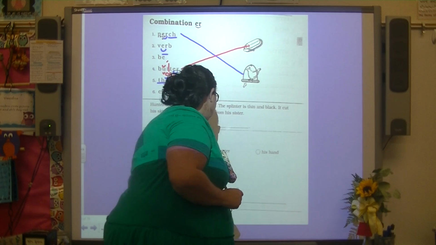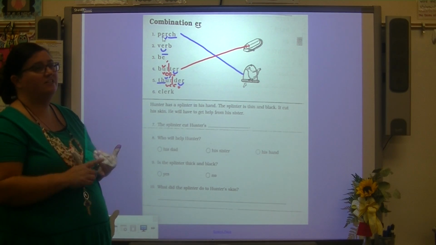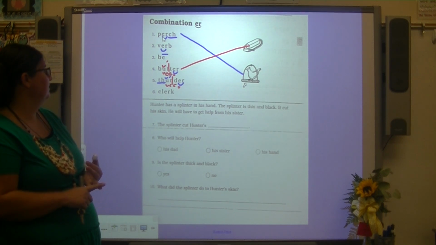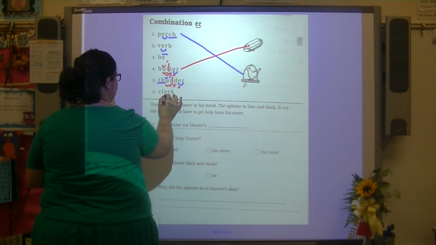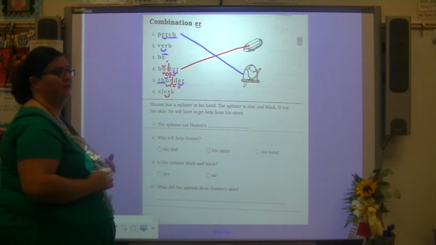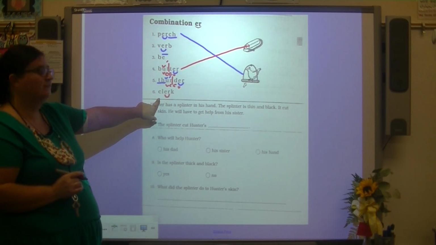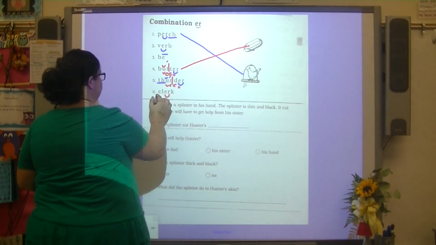All right, let's look at the last one. Do we have a digraph or combination? We have a combination. Code it. All right, and what do we need to do to this beginning letter? Yes, it makes the k sound, so it needs a K back.